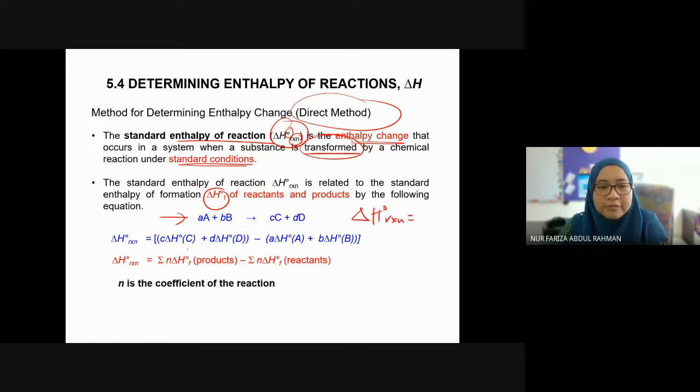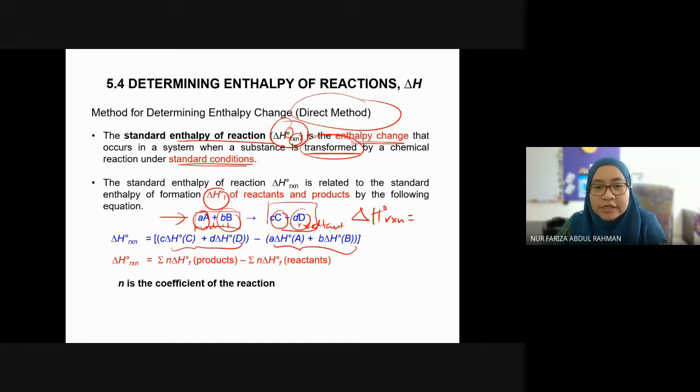Okay, alright. Dia kata product minus the reactant. Okay, alright. So you have to have, this is the product kan. Okay, you have to have the enthalpy of formation for A, the enthalpy of formation for B, the enthalpy of formation for C and D. This is for reactant.